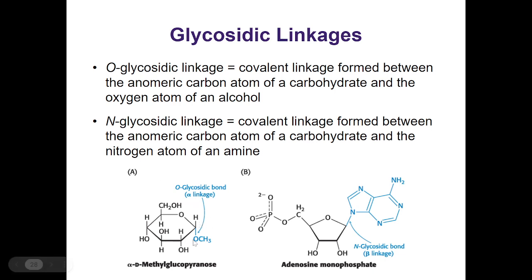Okay, so again, this is your O-glycosidic bond. Notice this is an alpha linkage because it is below, on the opposite side of this one, right? This one right here is an N-glycosidic bond. Again, notice the nitrogen, and it is a beta linkage because it is on the same side.